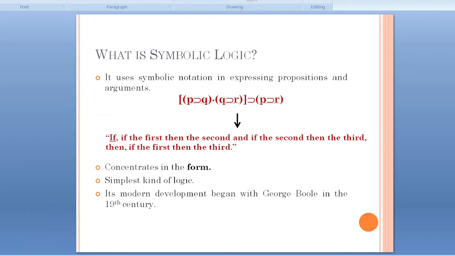From the example, we can deduce that it concentrates on form and is the simplest kind of logic. So it is focused on forms and it is the simplest kind of logic, and its modern development began with George Boole in the 19th century.